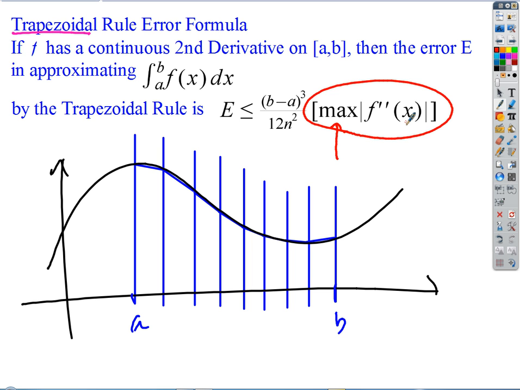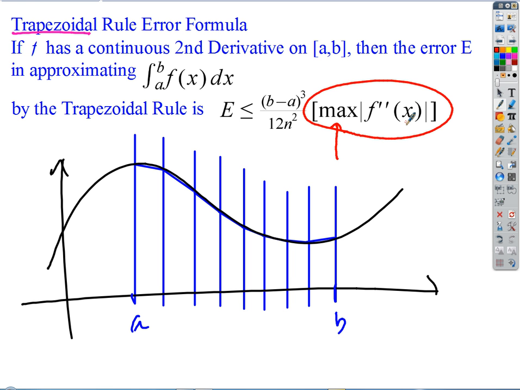Now, all you really have to do, because what we're trying to do is come up with the minimum number of trapezoids that we need to get the accuracy that we need, so think about this like an engineer.